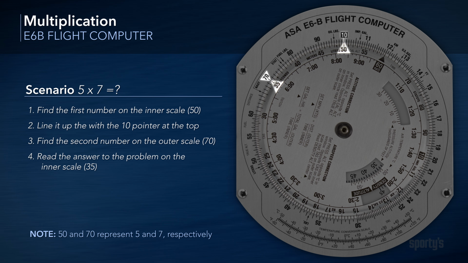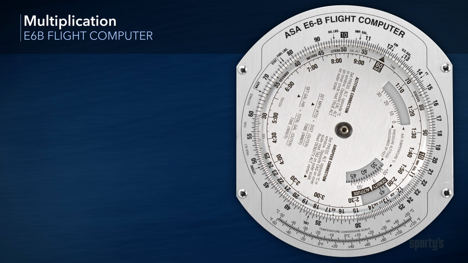To help illustrate the order of magnitude concept, you can also use this same configuration to solve for 50 times 70. The answer displayed on the inner scale is still 35, but you would have to interpret this as 3,500, based on the input values you have in mind. Let's do one more example.